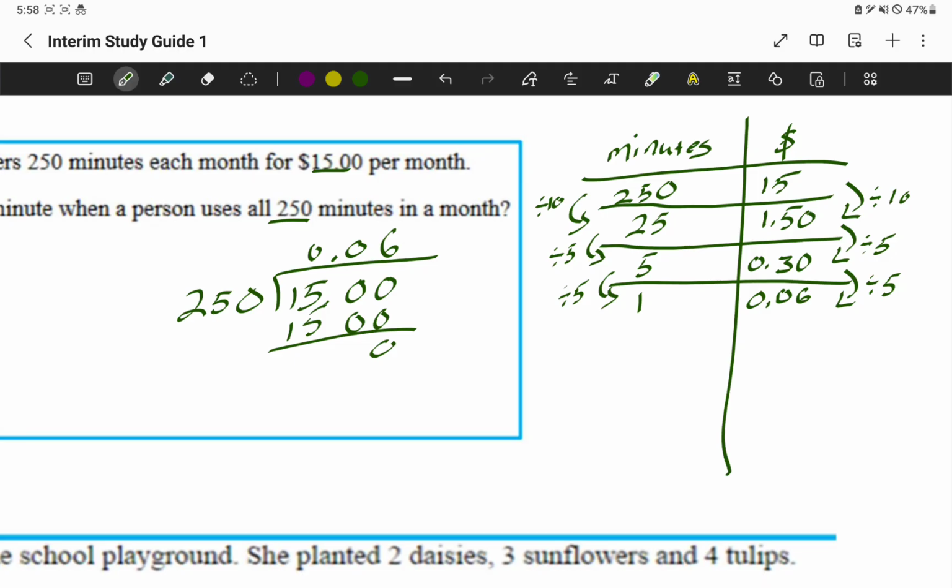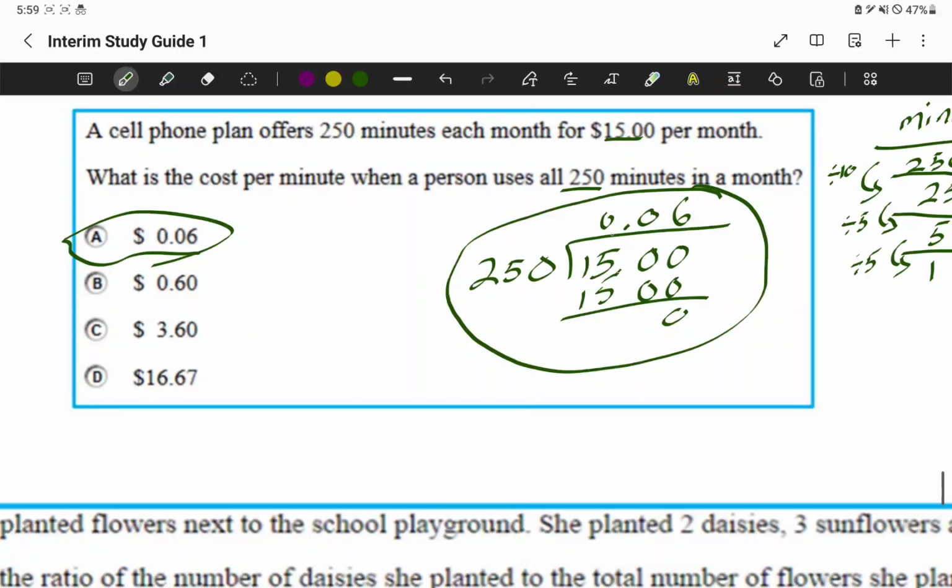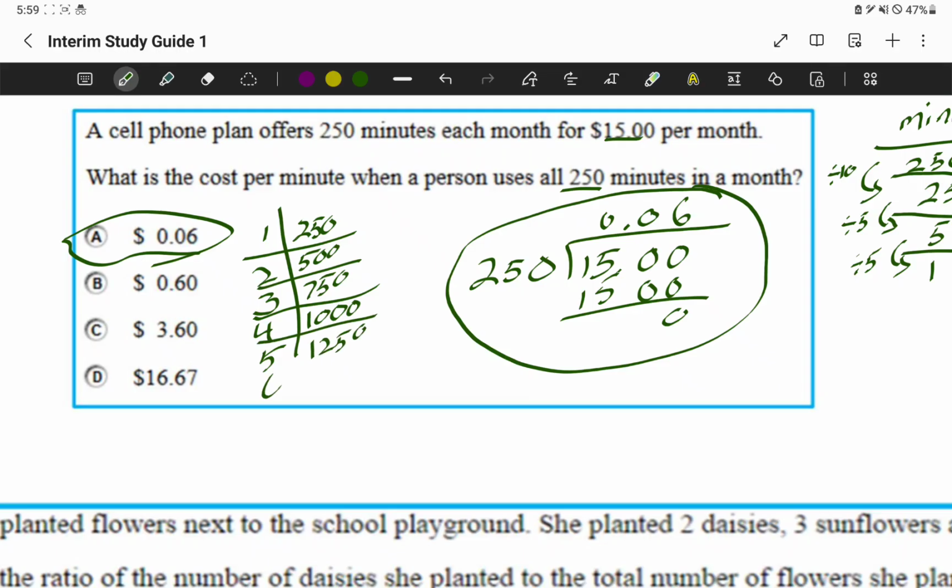Okay. Either way, it's fine. It's your choice. I think it's a little easier to keep track of the decimal this way. And if you're not comfortable doing that, you can always do your 250 and 1. 2 is 500. 3 is 750. 4 is 1,000. 5 is 1250. 6 is 1500.